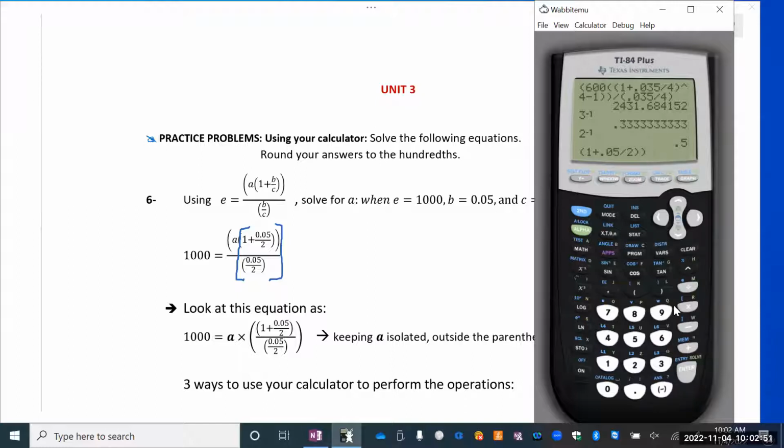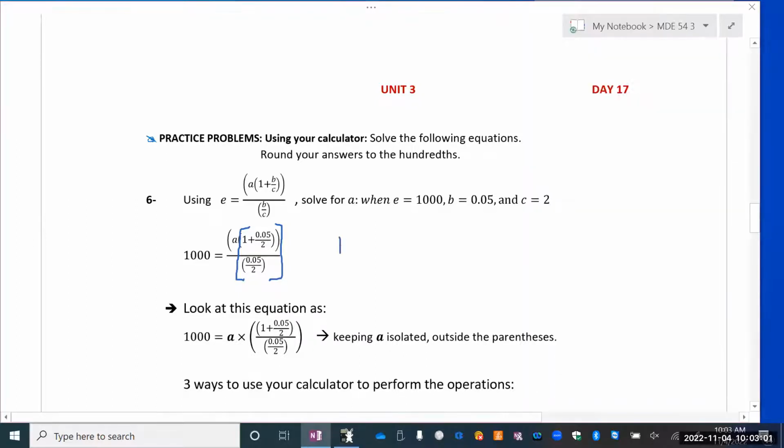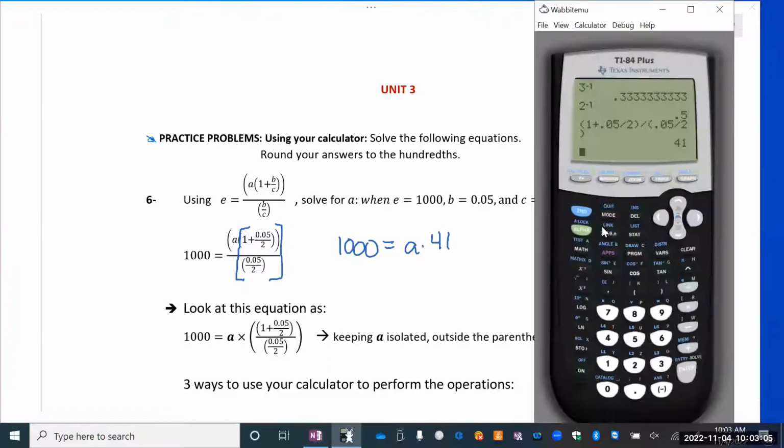I just need 1 because I took the A ones out. Okay, so that tells me that 1,000 is equal to A times 41. So what I can do now is type this button and hit times 1,000, and it would give me the answer.